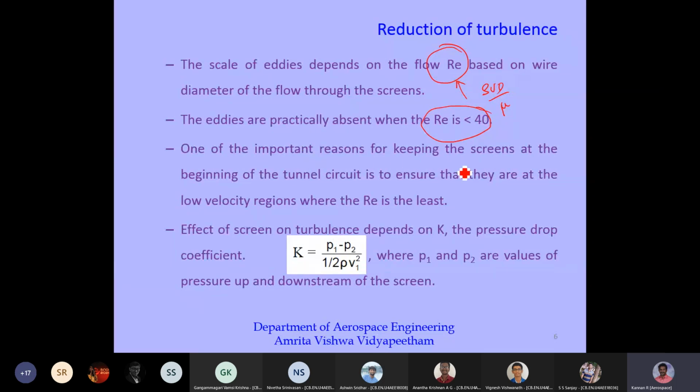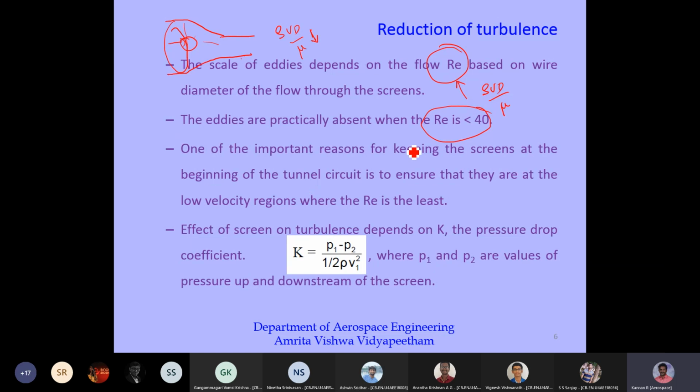One of the important factors for keeping the screen at the end of your settling chamber, far away from your test section, is that the velocity is very, very small in this region. That's why we call it a settling chamber. Only afterwards is your flow accelerated to reach the test section velocity. So if the velocity is less, automatically your rho Vd by mu is also going to be less.